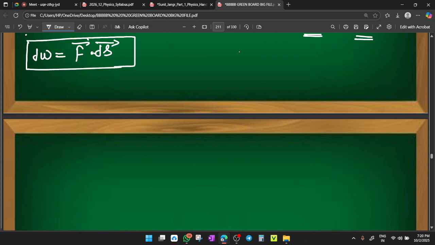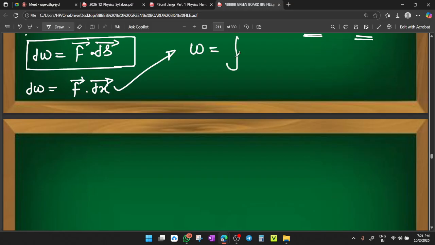Clear? dW equals F dot dx, and somewhere it is also written as F vector dot dx vector. That is also fine. Now this is dW, so the complete work is given by the integration of dW, and work done equals the integration of F dot dx. This is the class 11th concept.